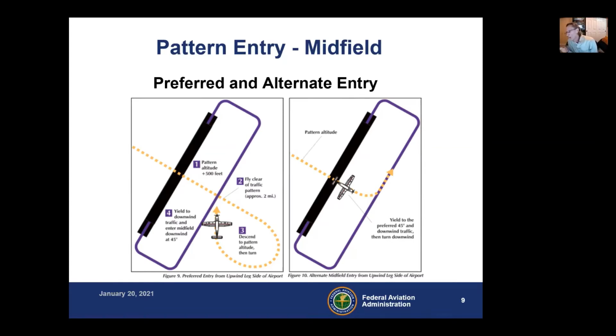Of course, the best course of action is to overfly the airfield and descend while maneuvering to enter the 45-degree leg to the downwind, which is depicted in the second picture. Now remember, most traffic patterns are 1,000 feet. So if you're going to fly over at 500 feet, that'd be 1,500 feet. So be cautious of turbine aircraft because their traffic pattern is at 1,500 feet.